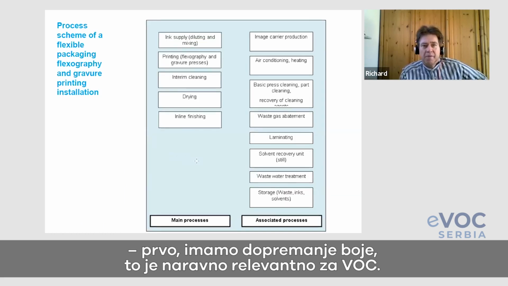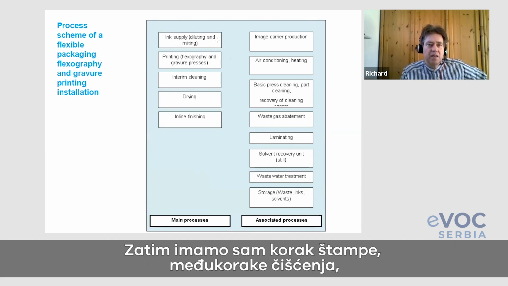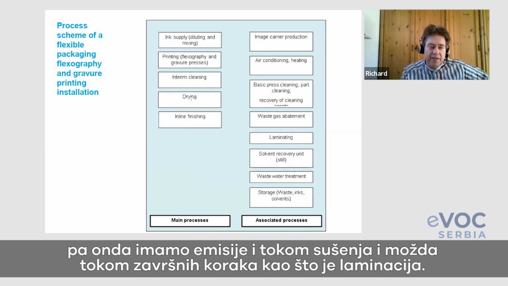Here you see, for example, for flexography and gravure printing installations, the process steps. So you see the ink supply, so that is of course relevant for VOCs. The printing itself, of course. You have interim cleaning. During the drying, you have VOC emissions. And maybe during the inline finishing, like lamination, you have additional emissions.